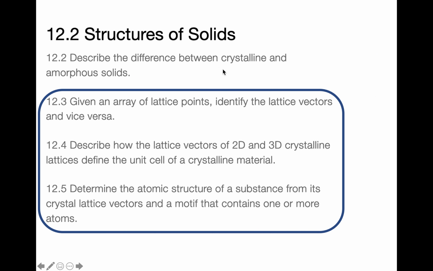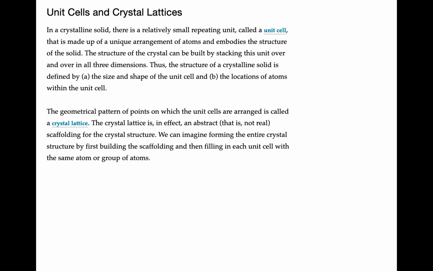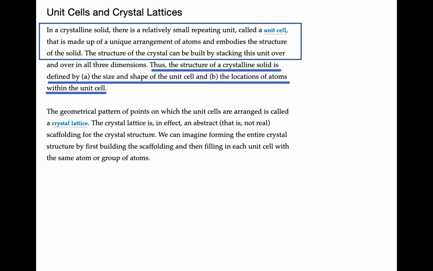So that was a look at the amorphous one. I contrasted that a little bit with crystalline. Now let's look more closely. And when I talk about this ordering, this long-range order, how is that coming together? So we have right here a description of unit cells and crystal lattices. So first of all, we've got this repeating pattern again and again within the solid.